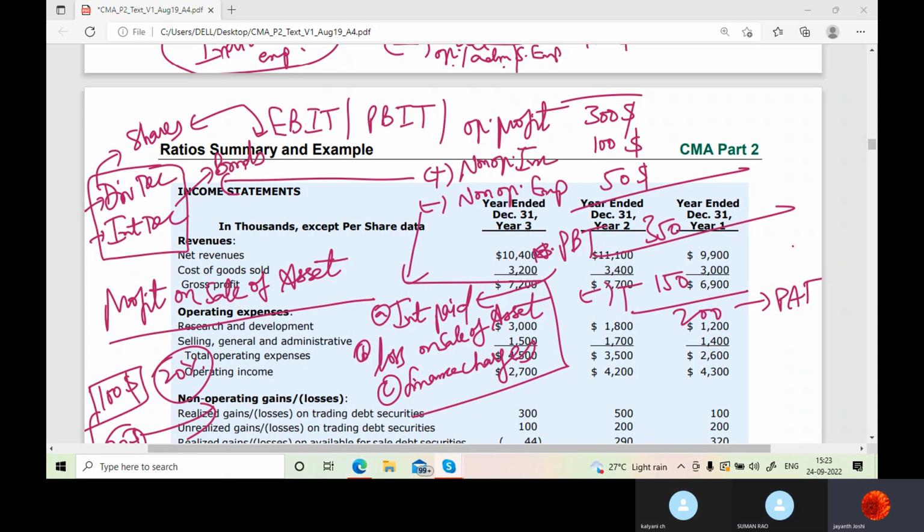Then 350 minus the tax 150, and that leaves $200.